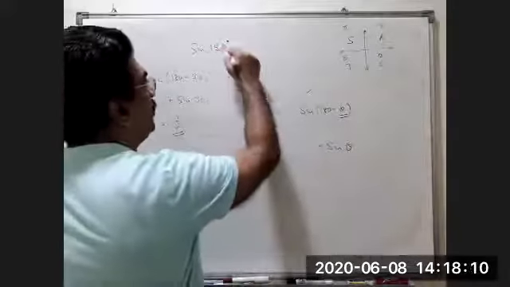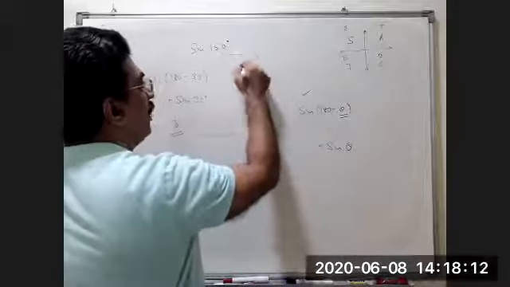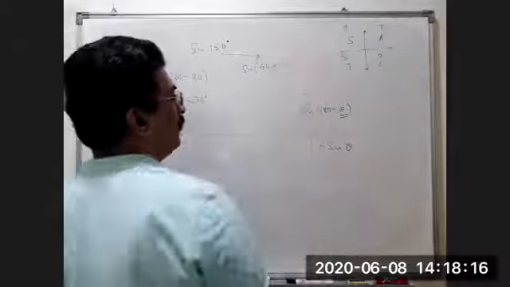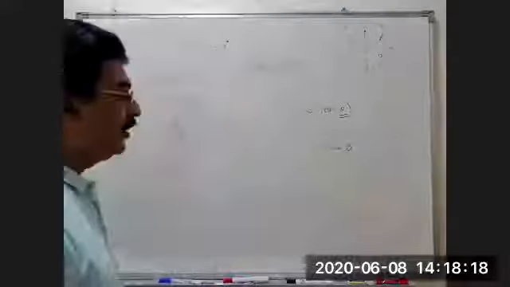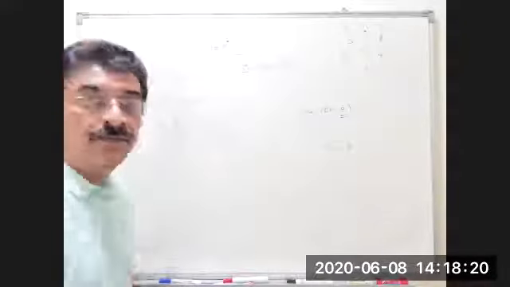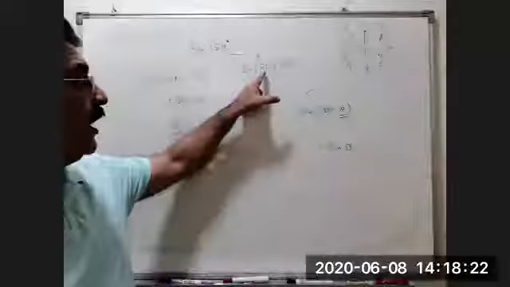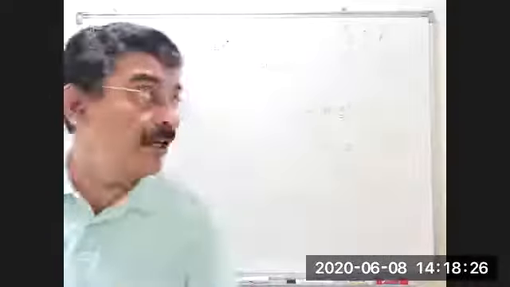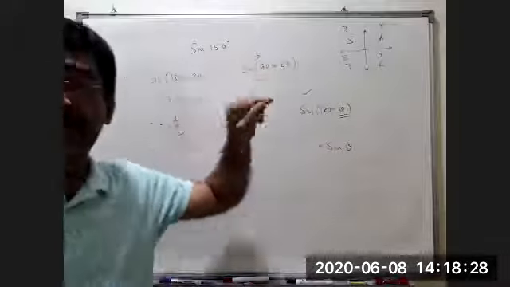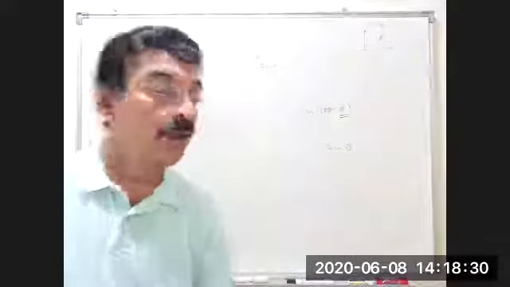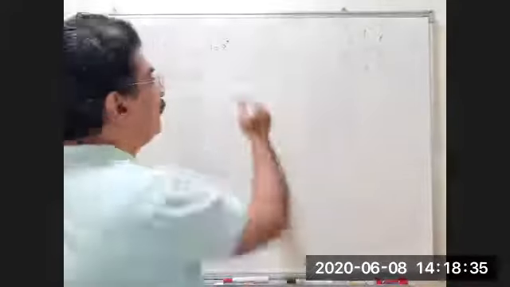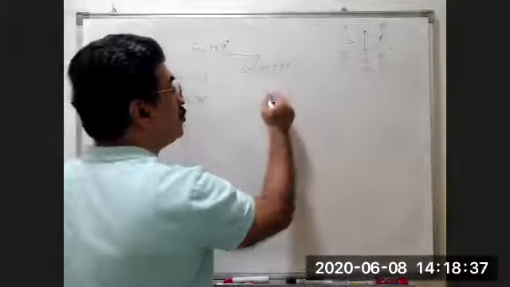Same thing, sin 150 can also be written as sin 90 plus 60. So 90 is an odd multiple, 90 into 1. We know if it is an odd multiple, the function changes to cofunction.